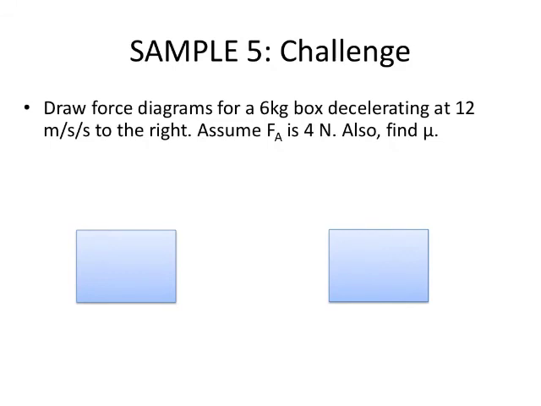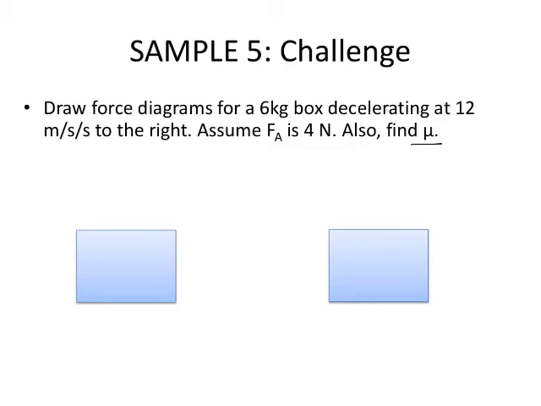So last one is a challenge. And this one kind of takes everything we did in the last acceleration problem, but this time we are using deceleration and F net to find force of friction and mu. Alright?